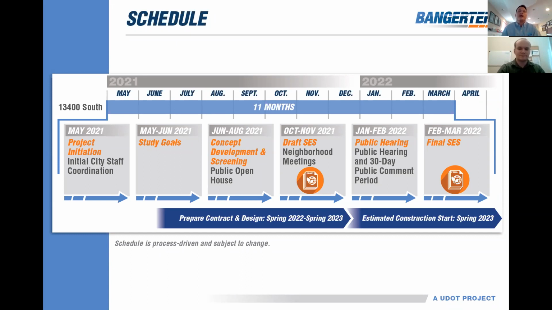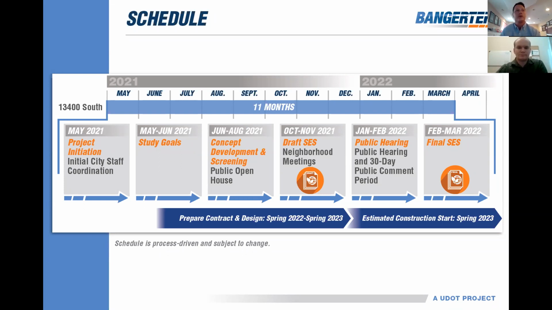So once a design has been selected, UDOT will hold neighborhood meetings to notify impacted residents and businesses and discuss the path forward. The selected design concept will then be presented to the public for review and comment early next year at a formal public hearing.